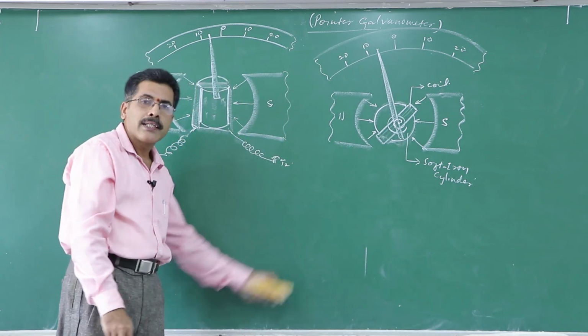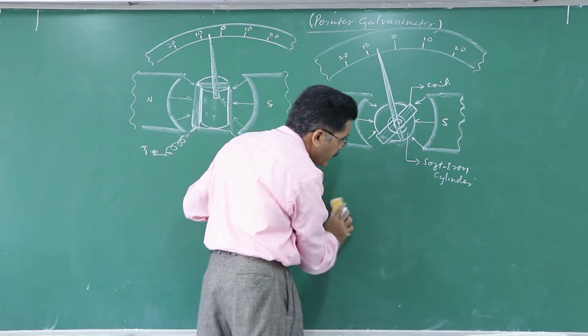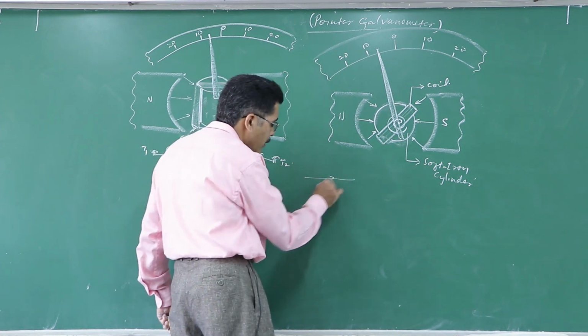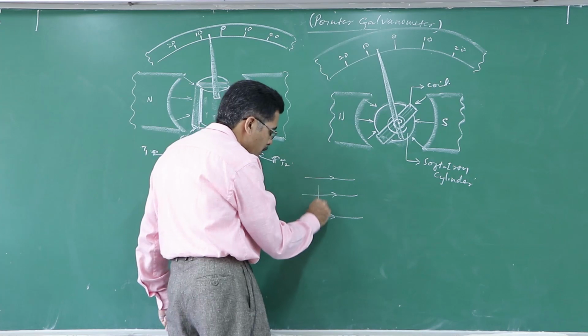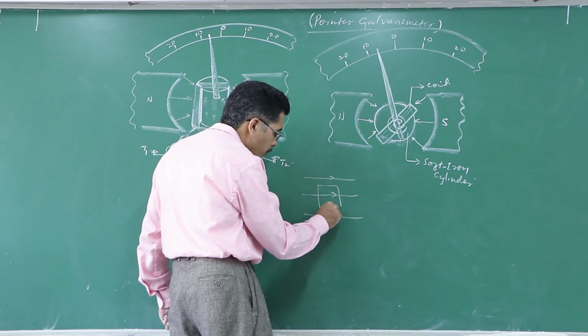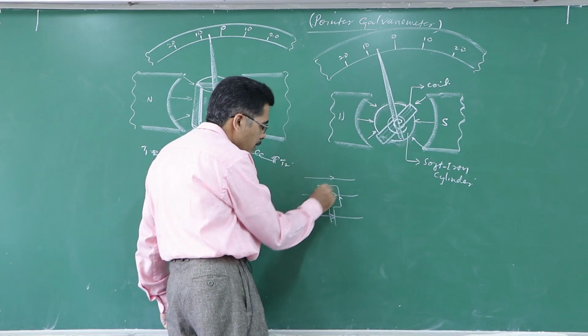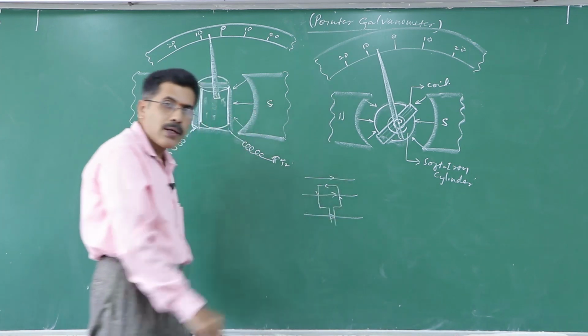Now let us consider the theory part. Here is the magnetic field, and there is a rectangular coil carrying current. You know that it is acted upon by a torque.